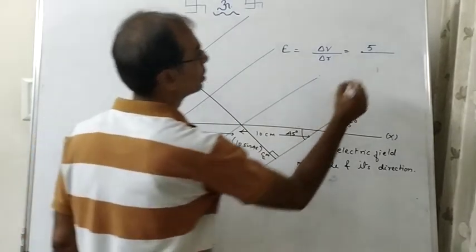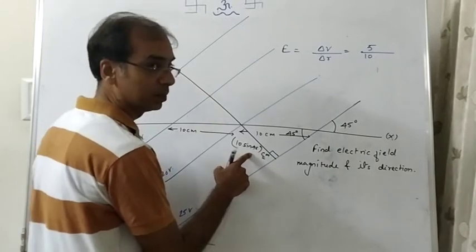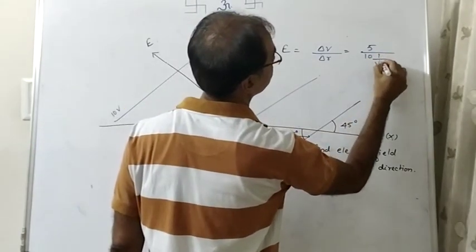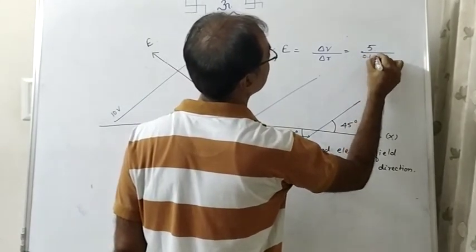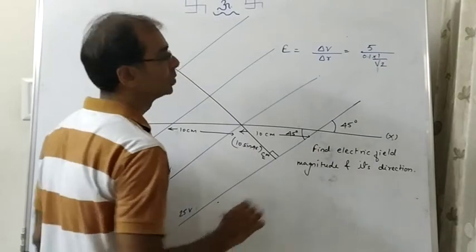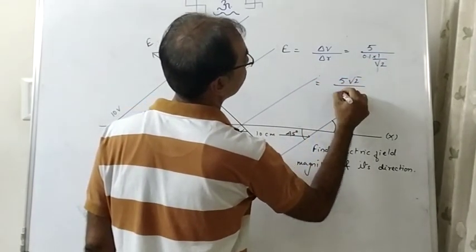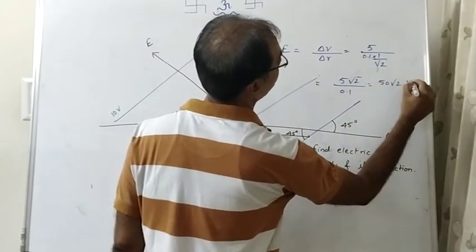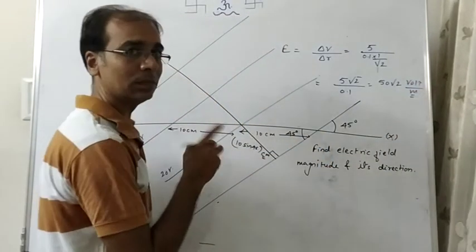So 10 into sine 45, and sine 45 means 1 by root 2. This 10 centimeter you can write as 0.1 meter. So what are we getting here? 5 root 2 by 0.1, that means 50 root 2 volt per meter. That is the electric field value.